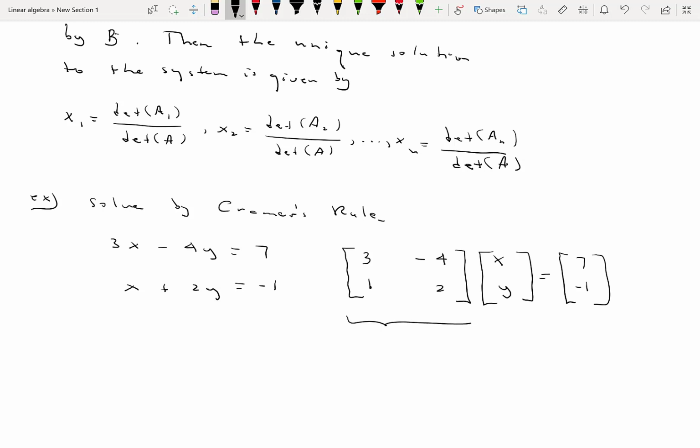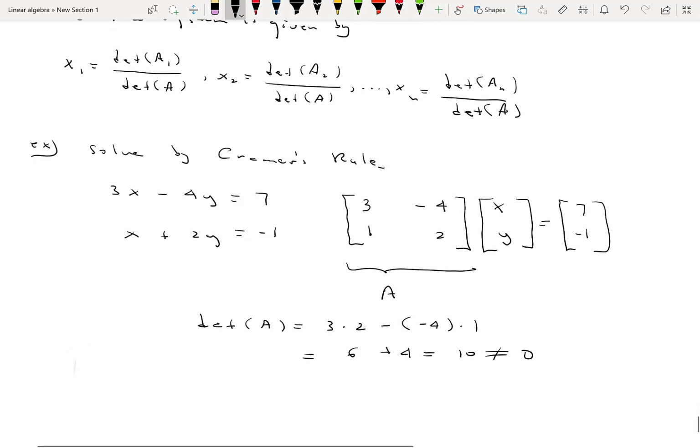Okay, so A is the coefficient matrix. The determinant of A needs to be non-zero, so we should check that. So this is 3 times 2 minus negative 4 times 1, or 6 plus 4, which is 10, and it's definitely not 0. So Cramer's rule will work here.